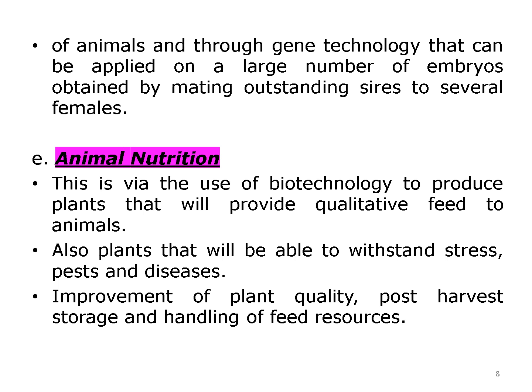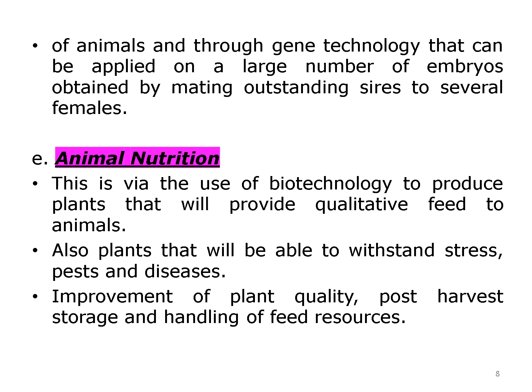Another area we are making impact is in animal nutrition, and this is through the use of biotechnology to produce plant materials that will provide qualitative feed to animals. For example, we are now able to produce forage plants that are able to withstand stress, diseases, and pest infestation.